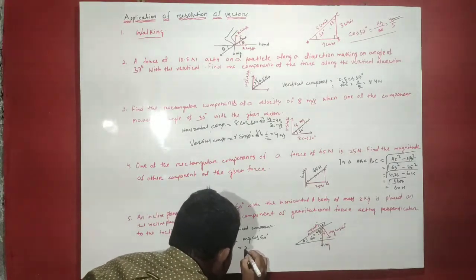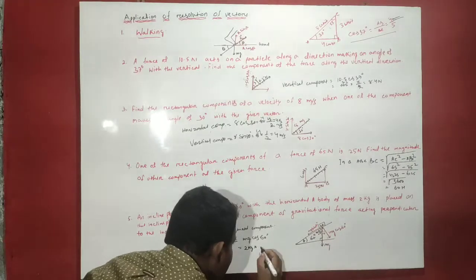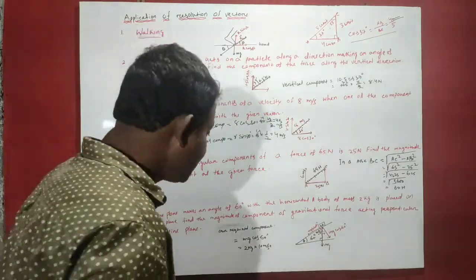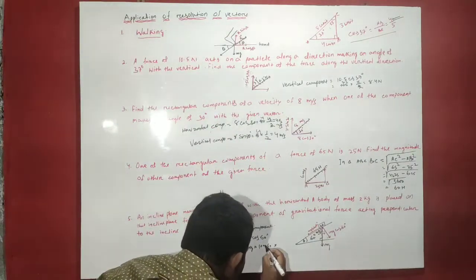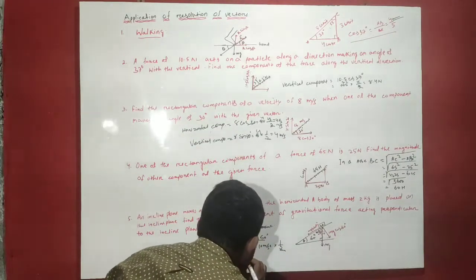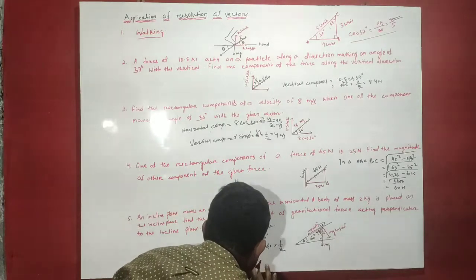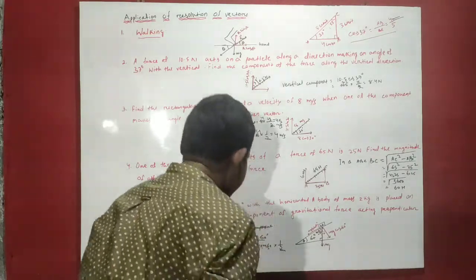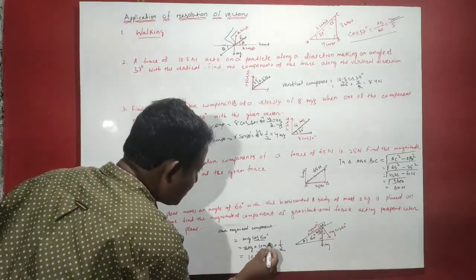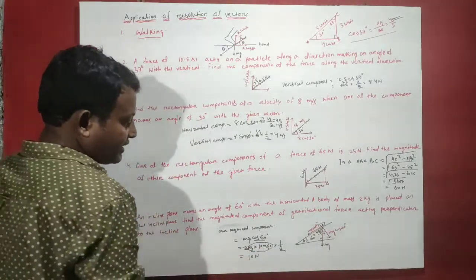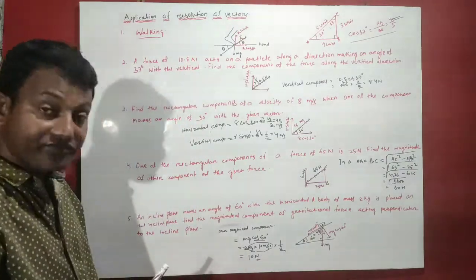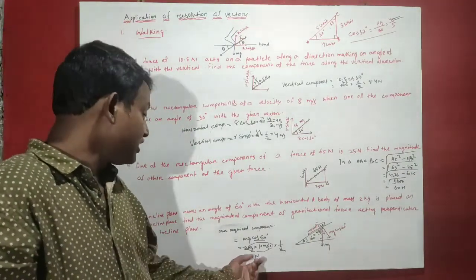The mass of the body m is 2 kg, g is 10 meter per second square, the acceleration due to gravity, and cos 60 is half, so the 2 cancels, giving 10. Kg into meter per second square is equal to Newton. So 10. Our required component is 10 Newton.